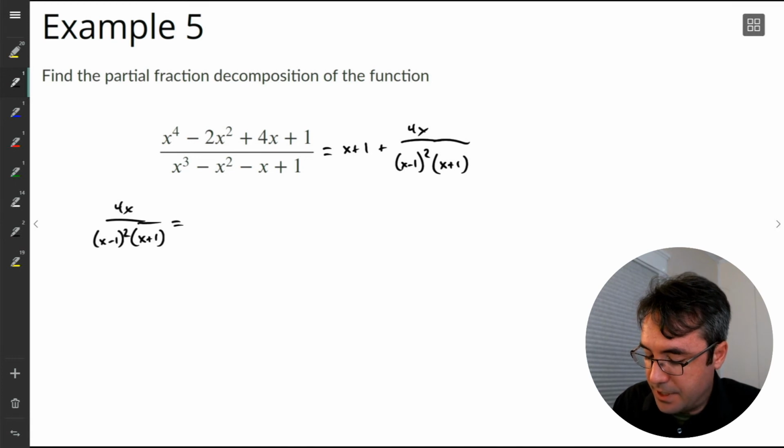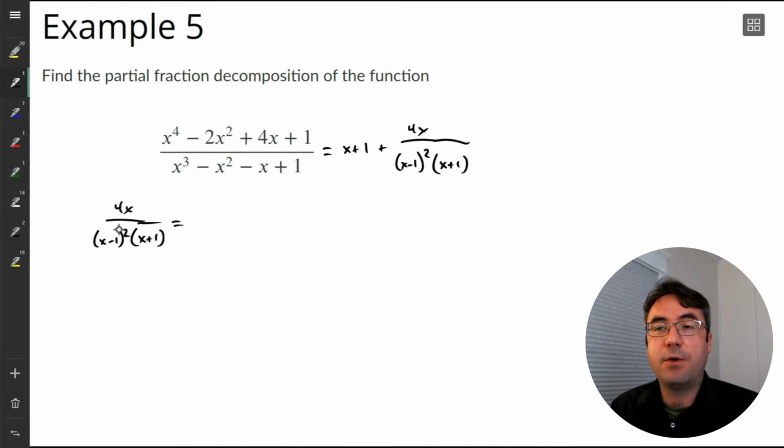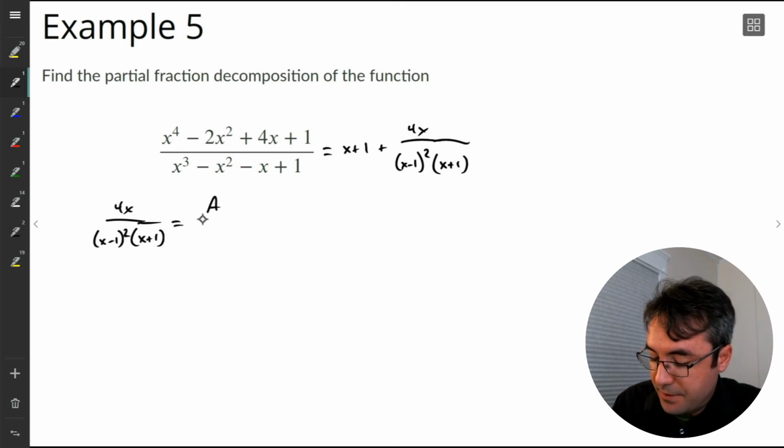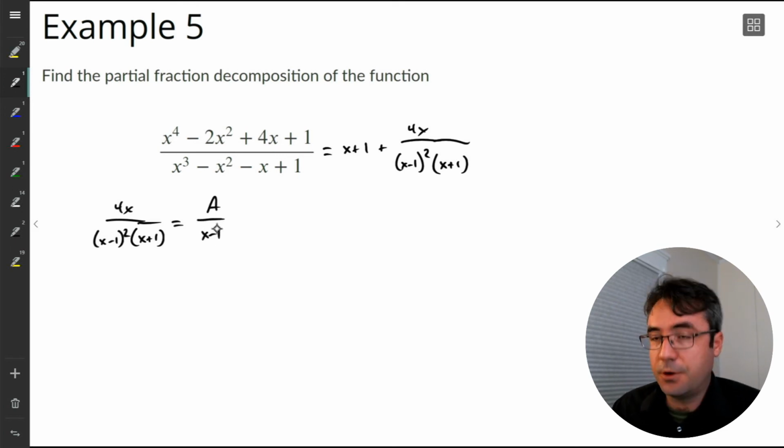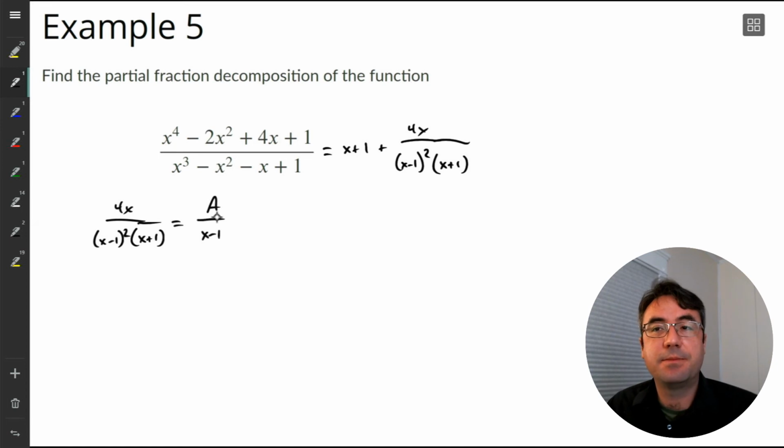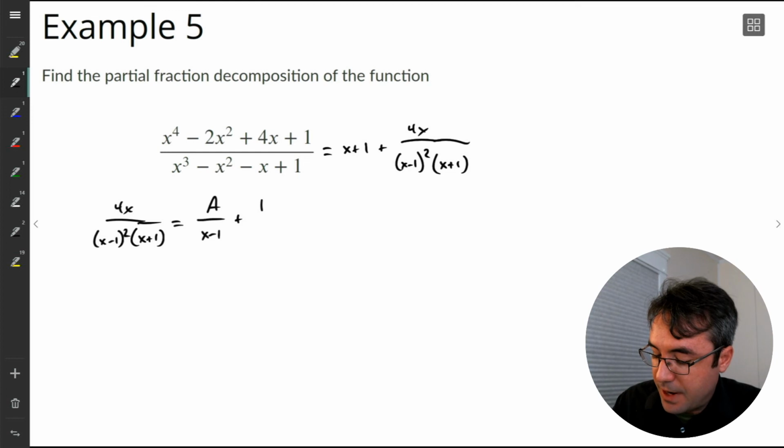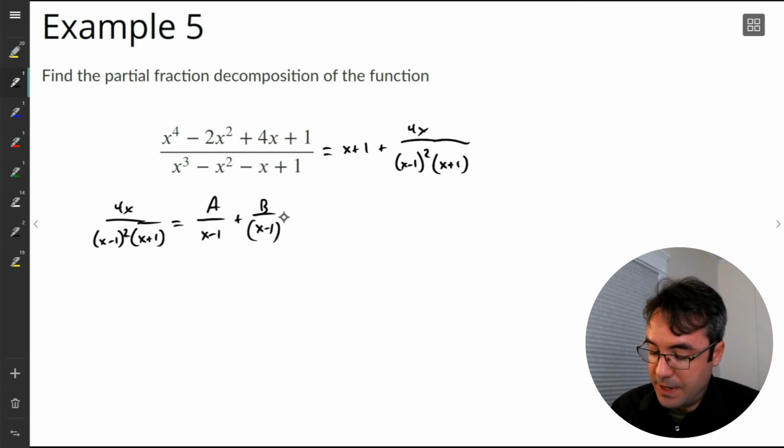And if we do our decomposition, how do we handle these repeated linear terms? Well, we just give a fraction for each linear term. So x minus 1 is a linear term. It gets its own fraction, A over x minus 1. And then we're going to do another fraction for x minus 1 because there's two of them, and then we increase the power.